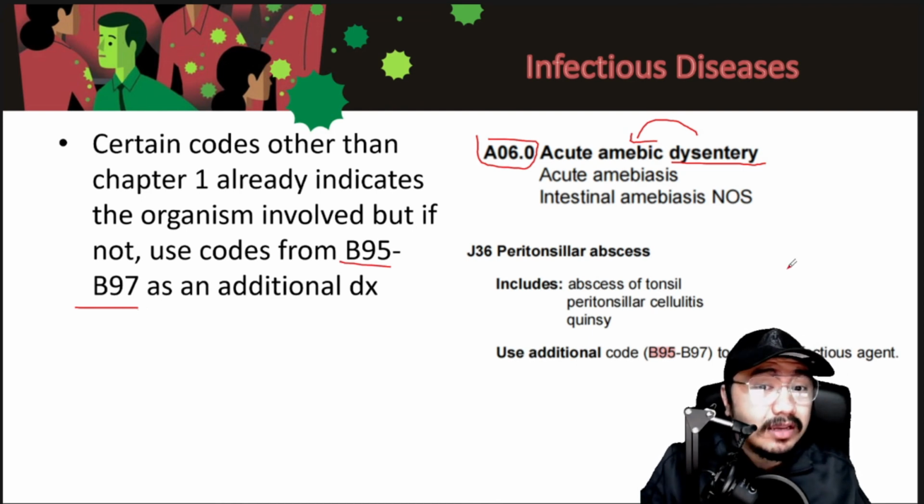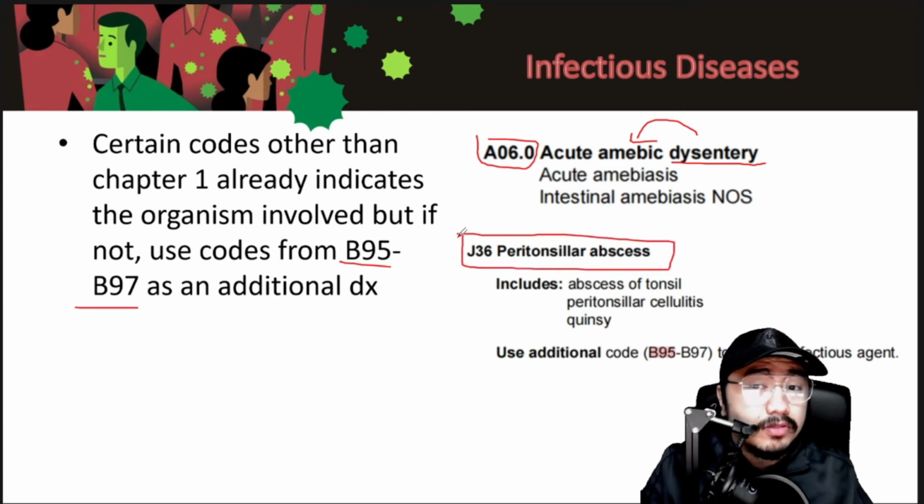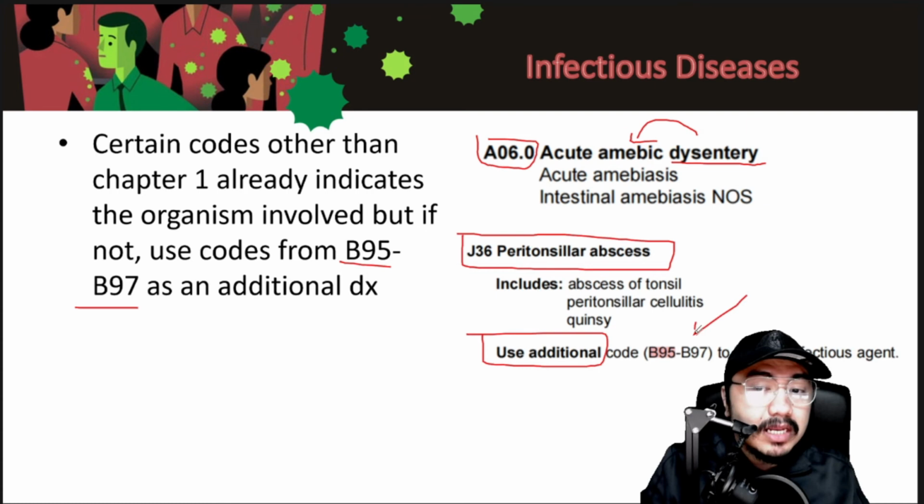As for the second code here, J36, peritonsillar abscess, nothing was mentioned here about the etiologic agent. So what you want to do here is to code, and it's mentioned straightly in the category itself that you have to use additional code B95 to B97. All right. So that's going to be it.